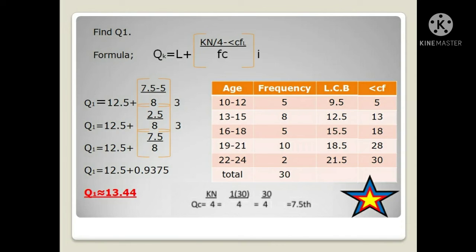Quartile 1 is approximately 13.44. So therefore 25% of the data is lesser than 13.44.